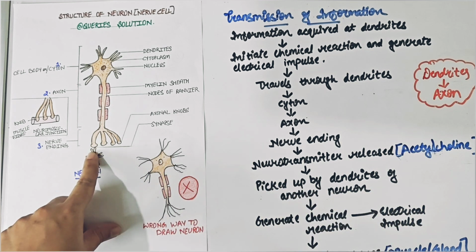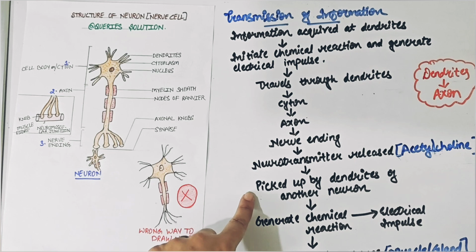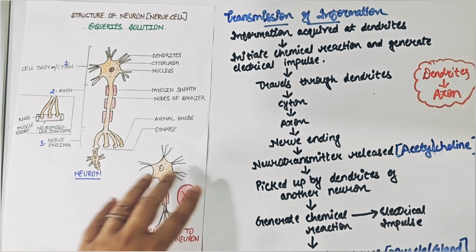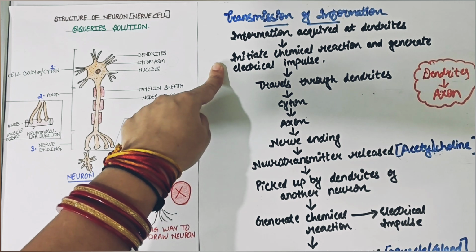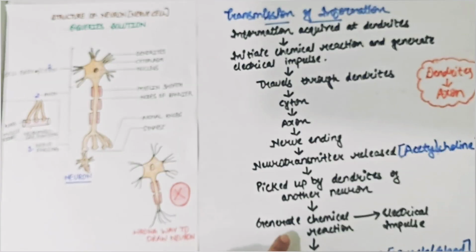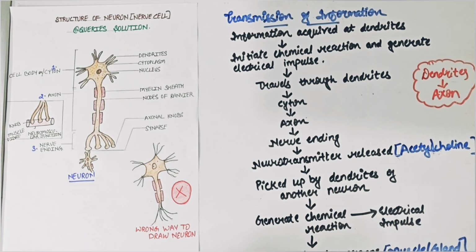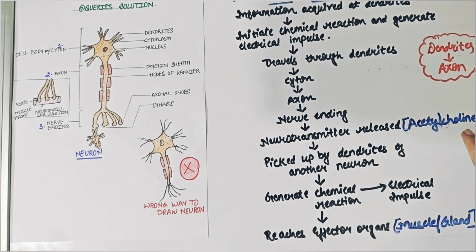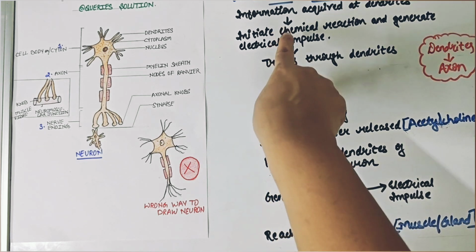Now this chemical, picked up by the dendrite of another neuron, will generate this chemical reaction into an electrical impulse. As we studied here, the chemical reaction got initiated because of the release of acetylcholine, which triggers the electrical impulse.